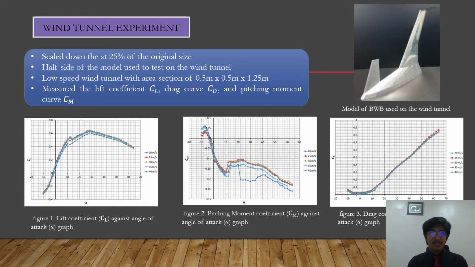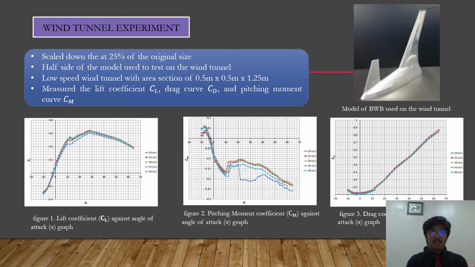Next is the wind tunnel experiment. This experiment was referred from the previous article, titled Wind Tunnel Test of UITM Blended Wing Body Unmanned Aerial Vehicle Prototype. For this experiment, the prototype needs to be scaled down to 25% of its original size, and only half side of the model is used to test in the wind tunnel.